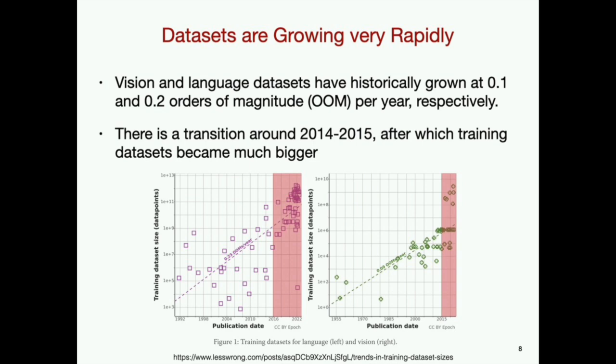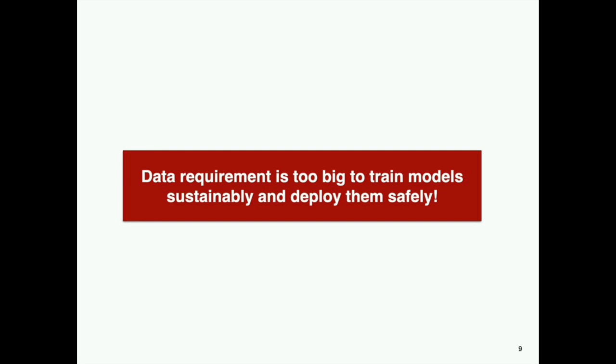We went to trillions of tokens for language models and billions of examples for vision models. We scaled our training data massively. And this helps.